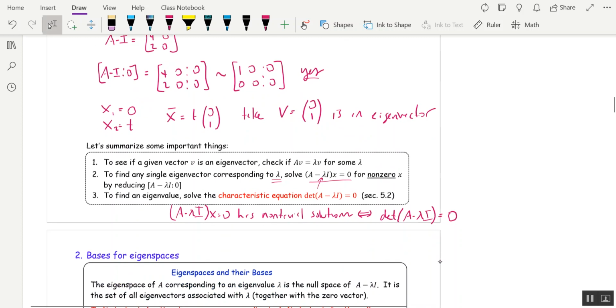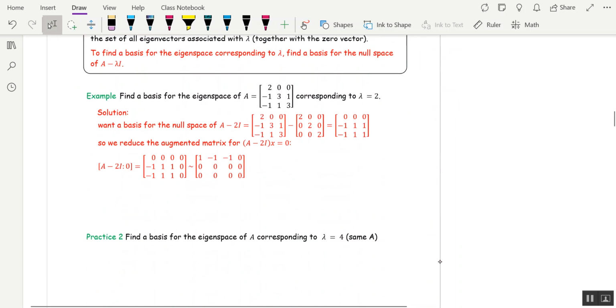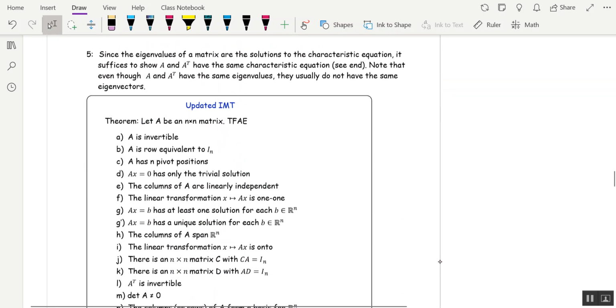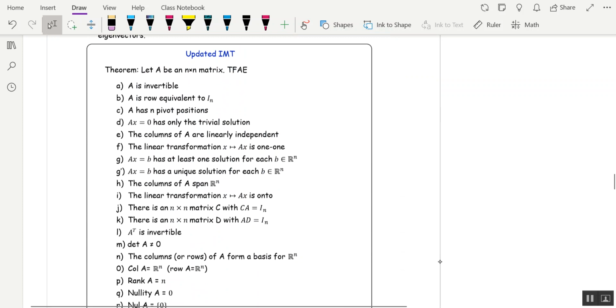And I have the IMT on one of these pages. Let me just show you that. Ax equals 0 has only the trivial solution is equivalent to determinant A not equal to 0. That means if the determinant of a matrix is 0, then that matrix times x equals 0 will have non-trivial solutions.